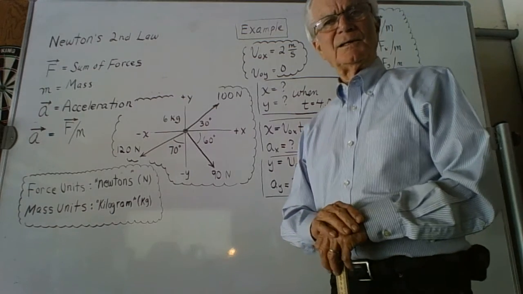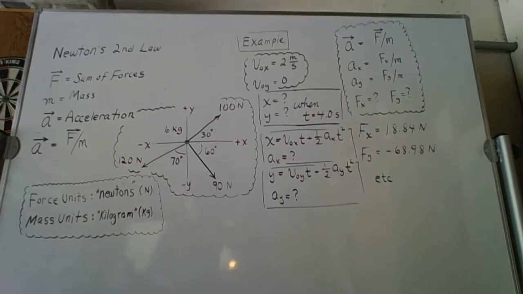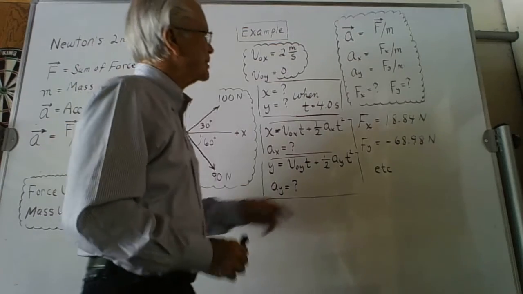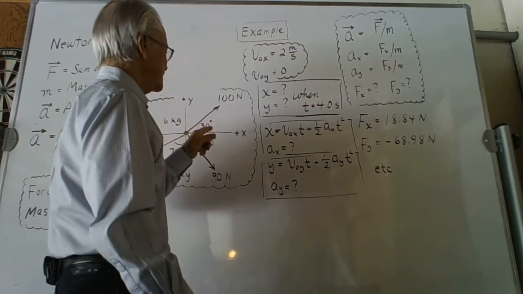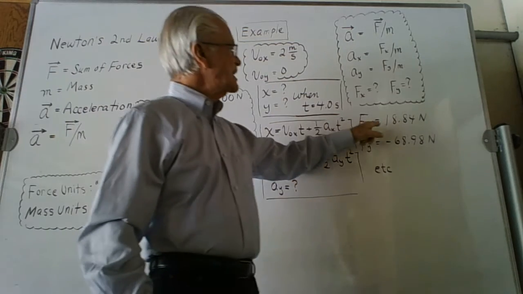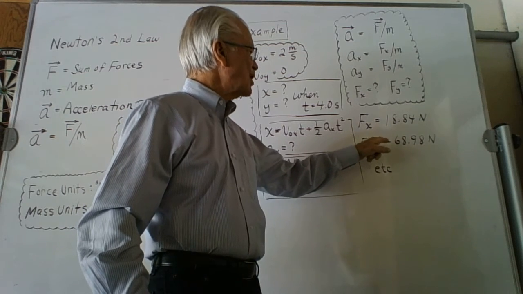Well, I'll work that out for you. So I calculated the sum of the three separate x components and the sum of the three separate y components, and obtained this result for F sub x and that result for F sub y.